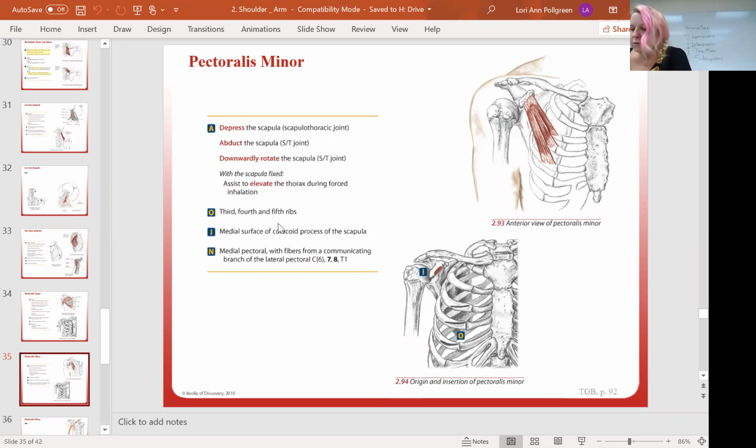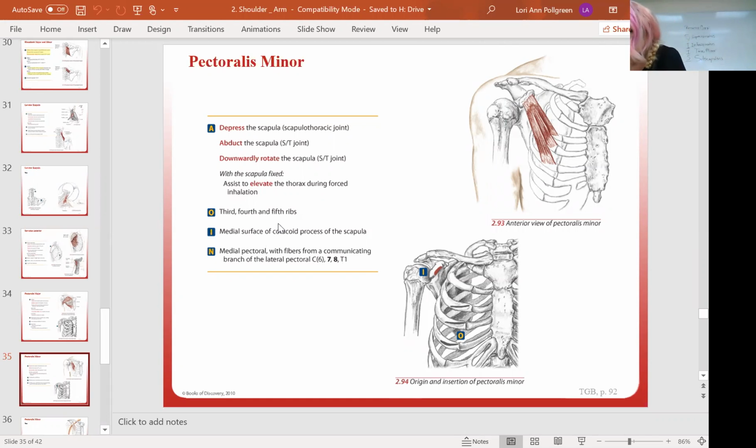The major vessels serving the arm, which are the brachial plexus, axillary artery, and vein, cross underneath the pectoralis minor, creating the potential for neurovascular compression by this muscle. If you want to write out to the side, TOS, thoracic outlet syndrome.